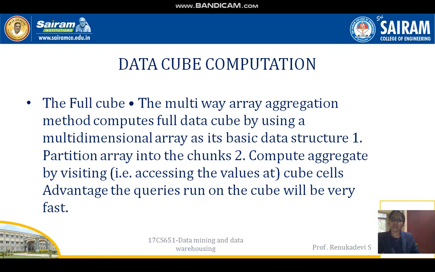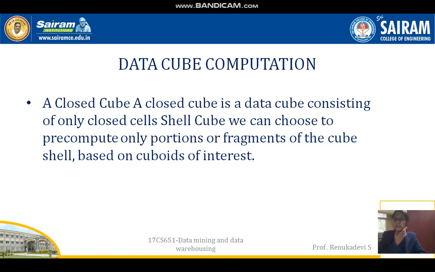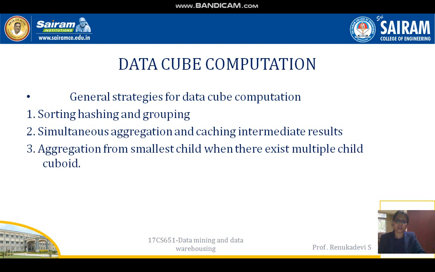Which algorithm is best: for dense cubes, array cube, and for sparse cubes, BUC. Similarly, a closed data cube consists of only the closed cells, and a shell cube can choose to pre-compute only partitions or fragments of the cube shells based on cuboids of interest. The general strategies for data cube computation are to simultaneously aggregate and cache intermediate results, and to aggregate from the smallest child when there exist multiple child cuboids. So that's all about the efficiency of data cube computation.